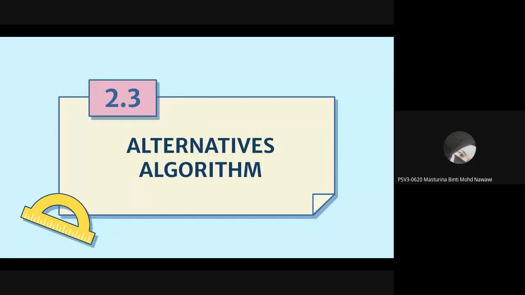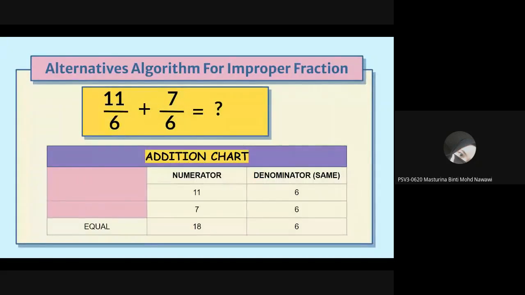We use the alternative algorithm. Okay, the next slide. The sample question is 11/6 plus 7/6. As you know, for the standard and alternative algorithm, I use the same denominator, and this is a simple question.